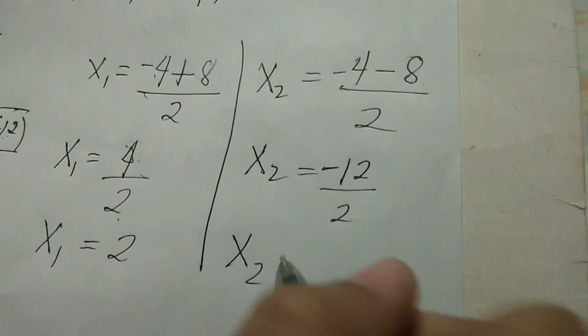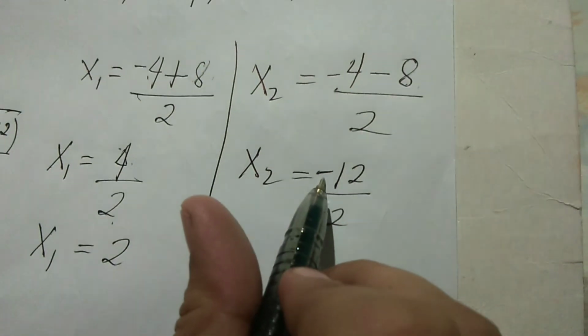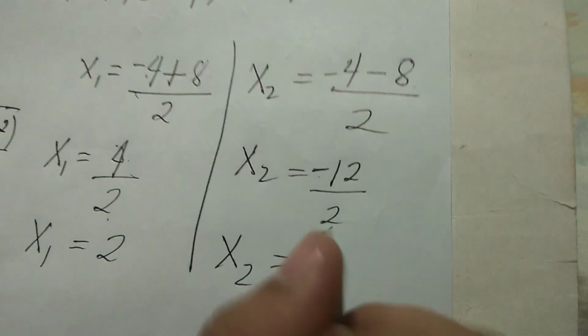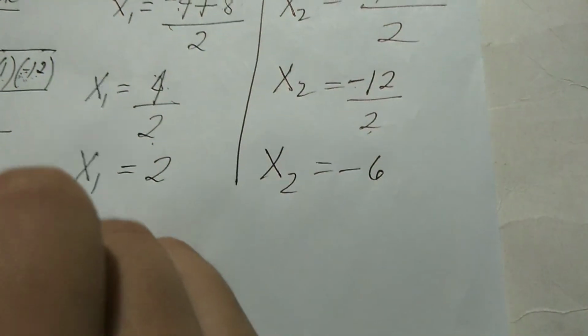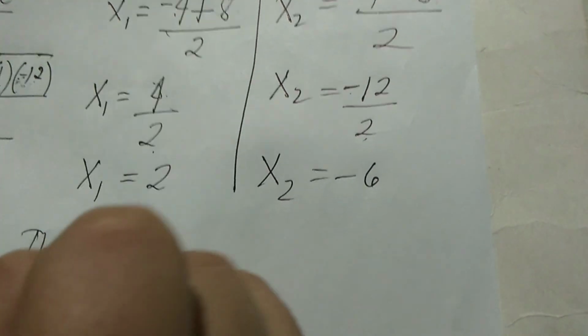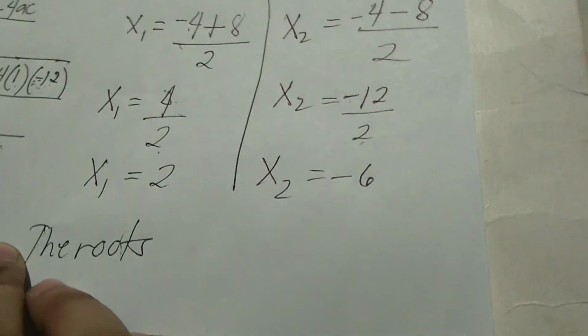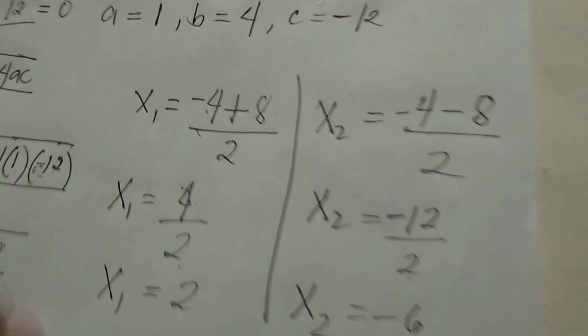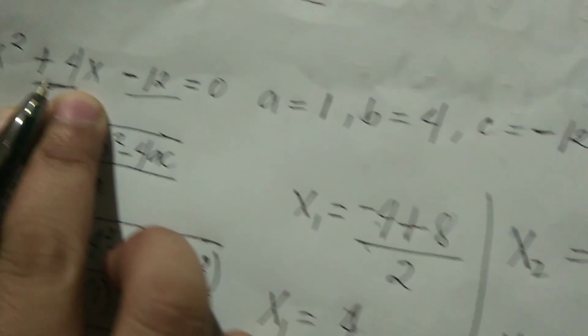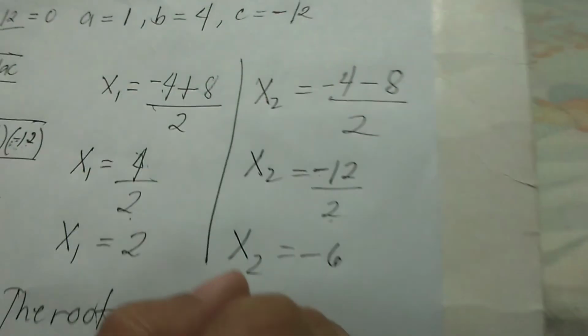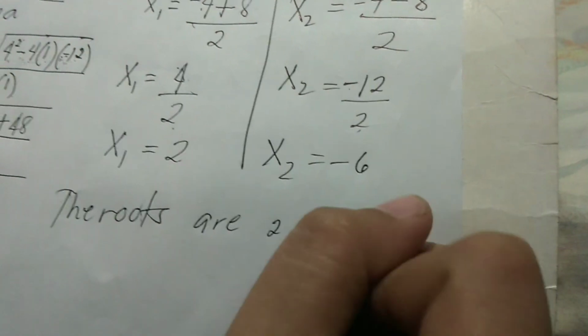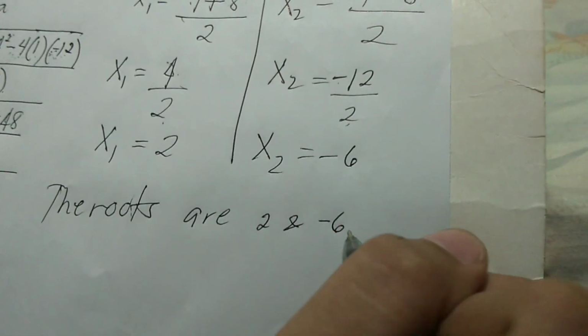So, we have x sub 2 is equal to negative 12 divided by positive 2 is negative 6. So, the roots of the quadratic equation x squared plus 4x minus 12 is equal to 0 are positive 2 and negative 6.